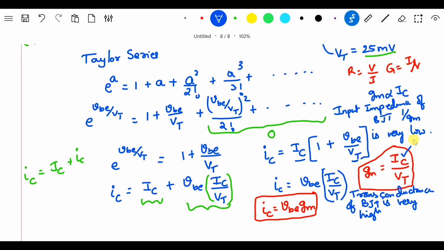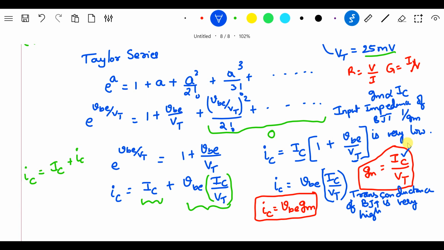This is the drawback of BJT which you can consider: the transconductance of BJT is very high, but unfortunately the input impedance becomes very low, because of the transconductance being very high.